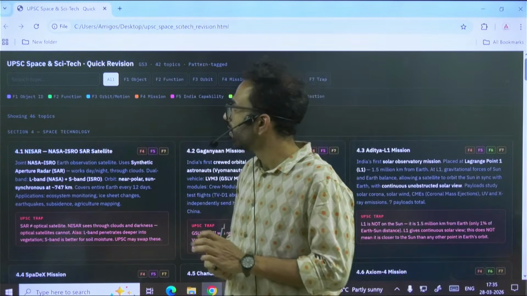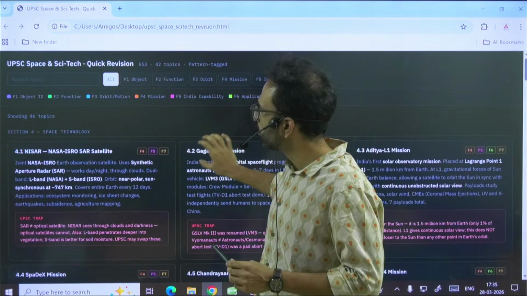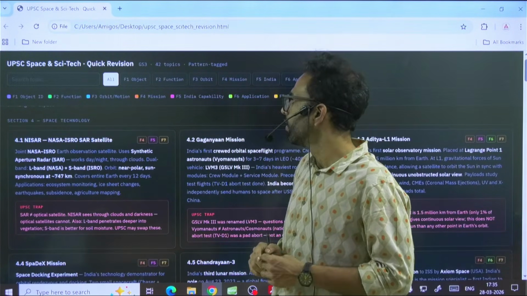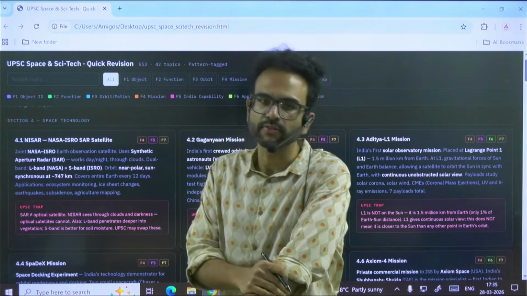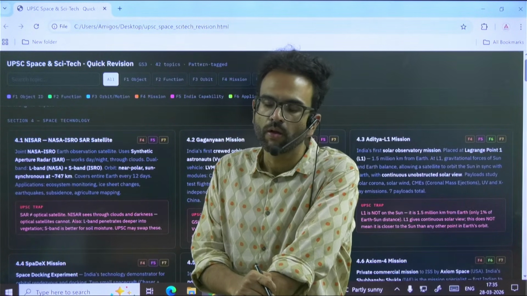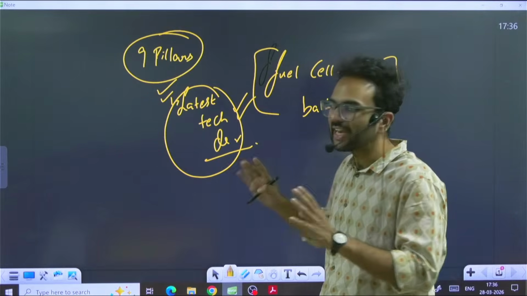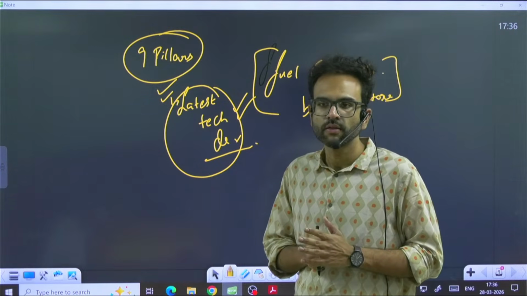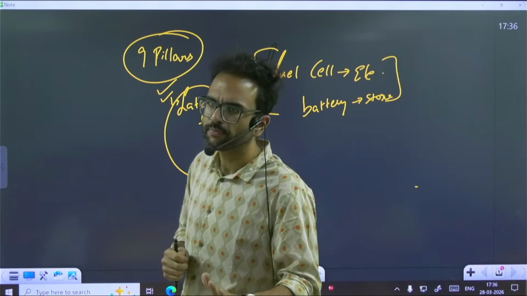For example, let's start with the NISAR NASA satellite, synthetic aperture radar. What is the meaning of this? Basically, whenever you are placing a satellite in an orbit, they are usually placed in a sun-synchronous orbit.